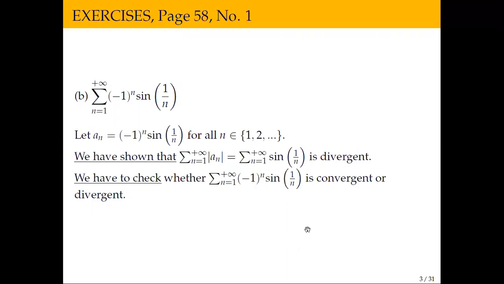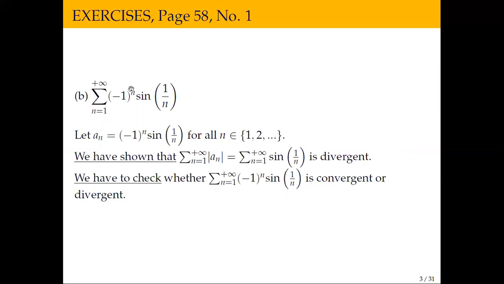For letter B, this is what we know so far. So we have let a_n be equal to this one for all n. We have shown in the first part of the discussion video that this infinite series is divergent.